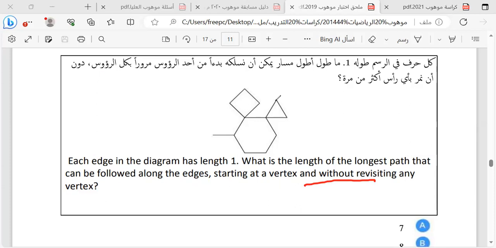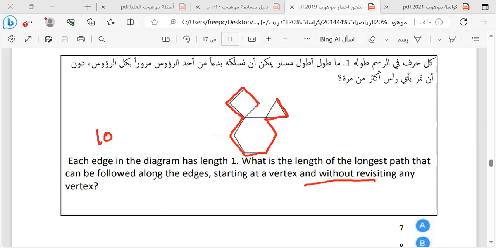Yes, you can start from a rectangle: 1, 2, 3, 4, 5, 6, 7, 8, 9, 10. So what is it? 10. So the answer is 10.